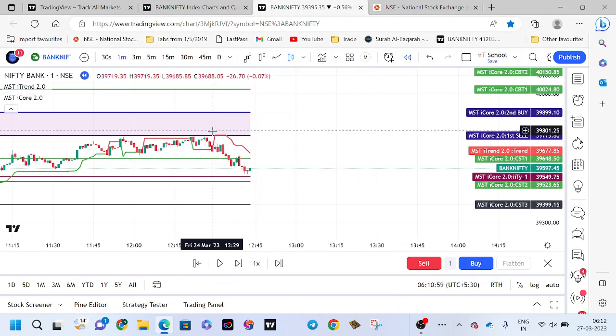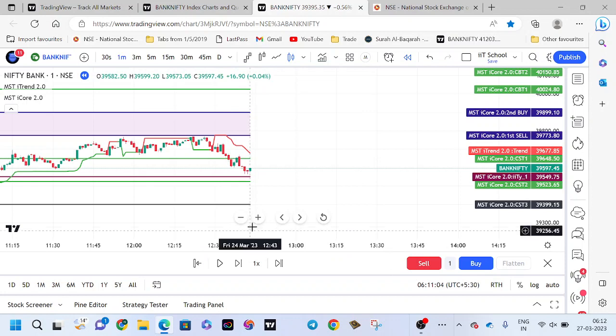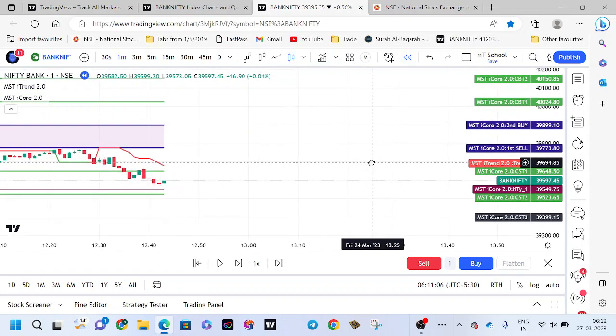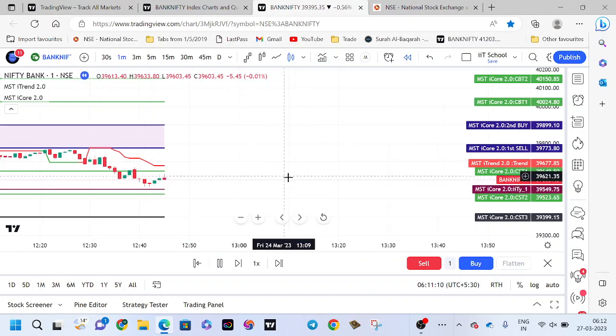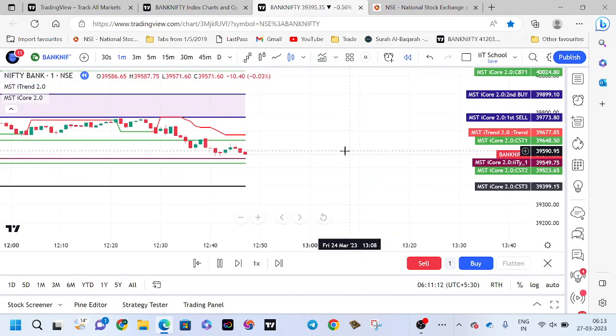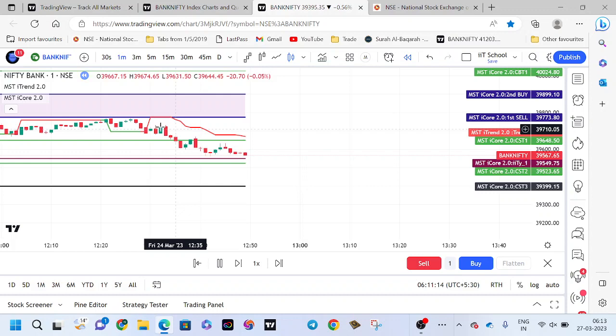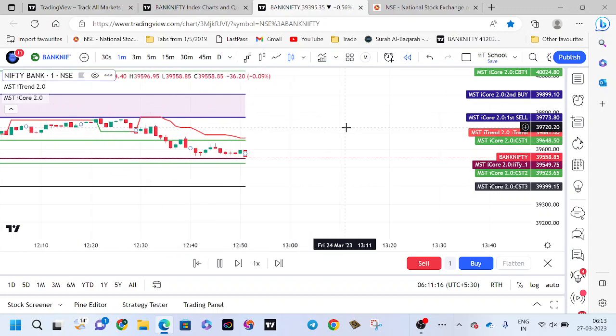Now the sell trend is activated. We are using the super trend only for the exit, not for the entry. Entry depends on our zone level. As per our zone level, the sell got activated already.